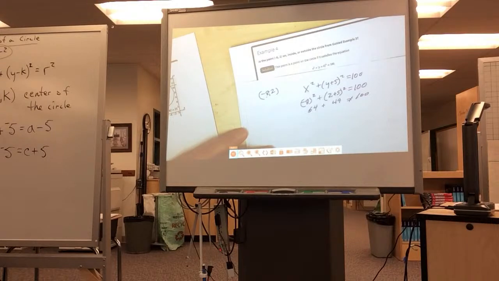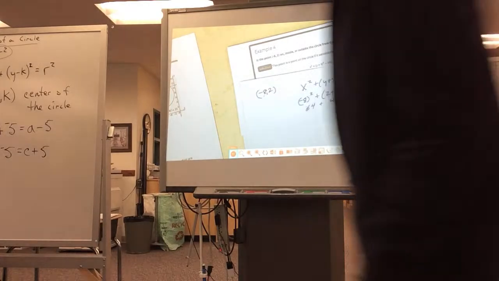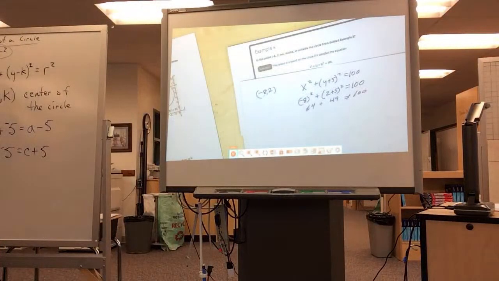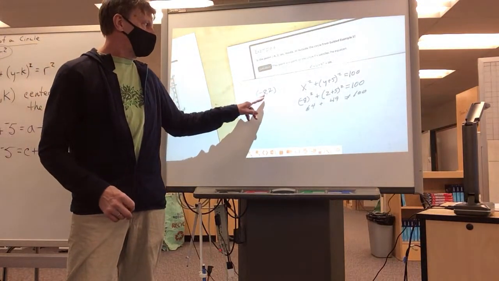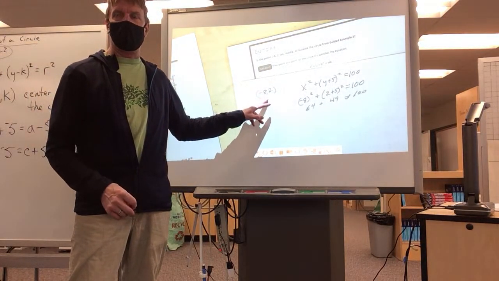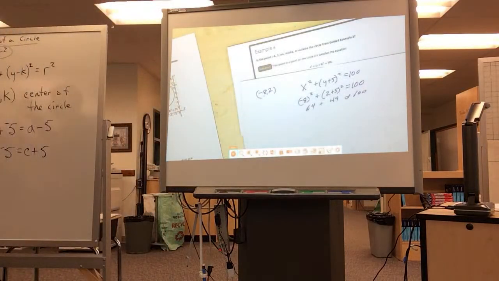So if this is our circle, and we know that the triangle with sides of a length of 8 and a length of 2 are placed on here, and when we square these two numbers, we end up with something that's too big for the radius.